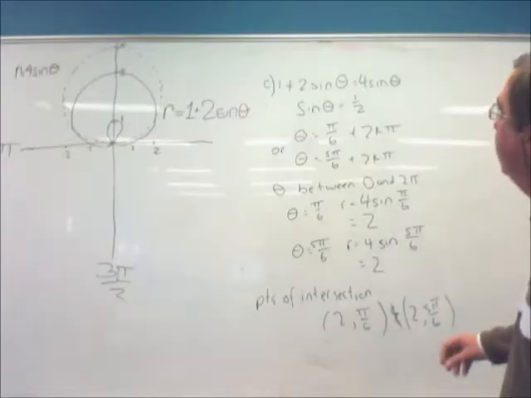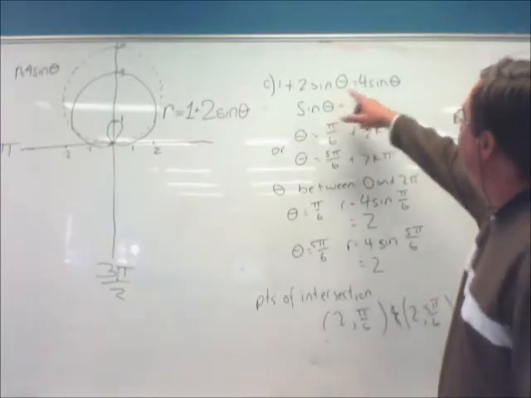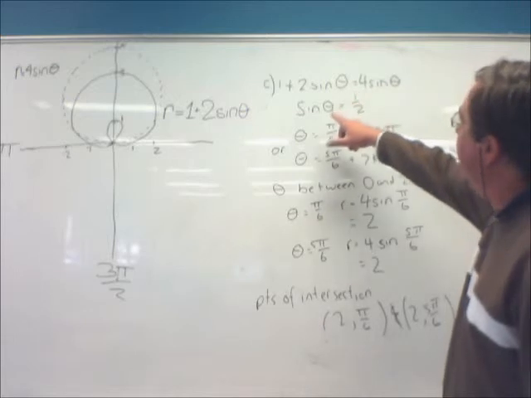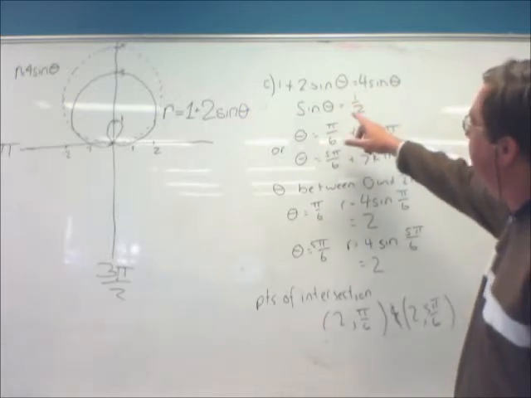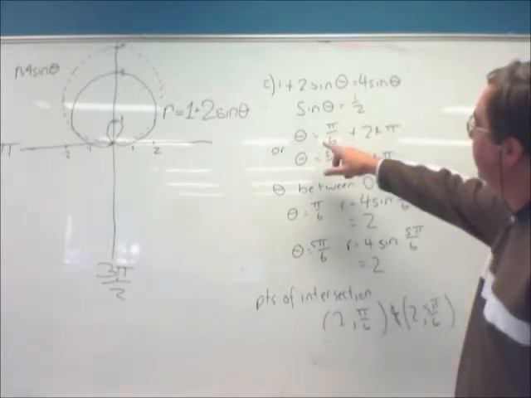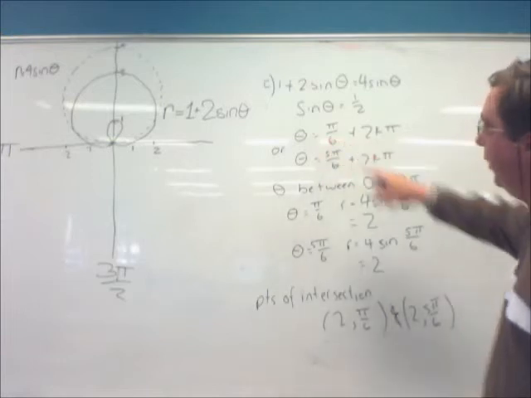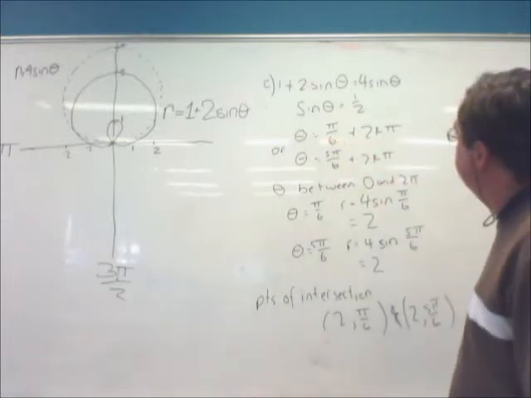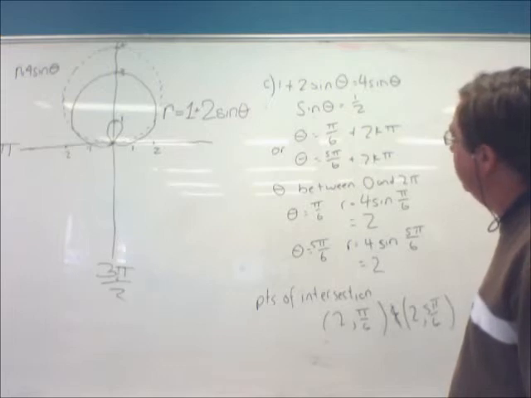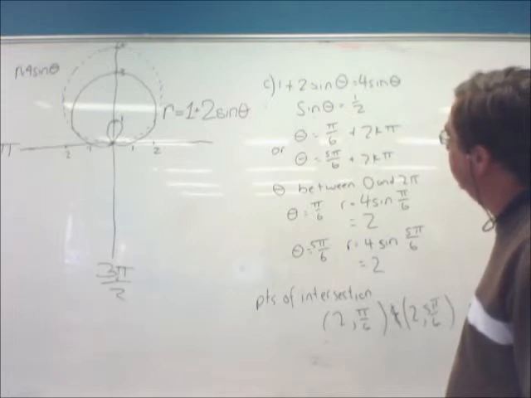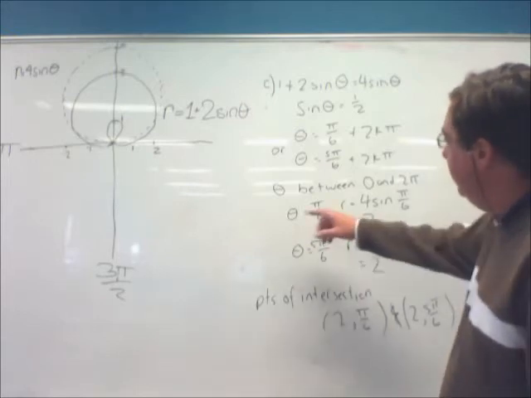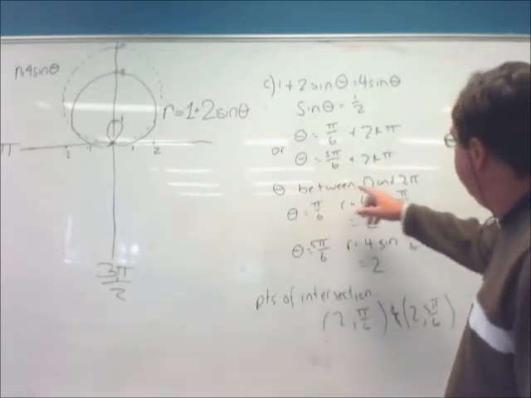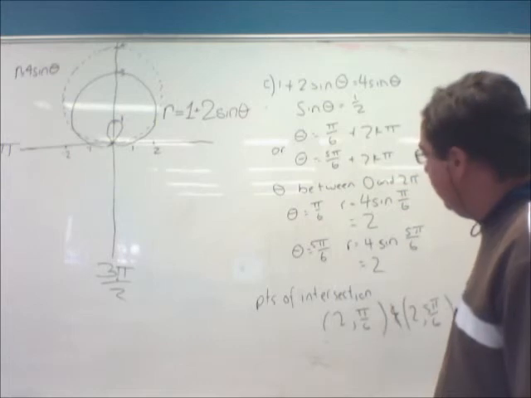Okay, to calculate the points of intersection, we take both of our equations and we end up with sine theta equals 1/2. That gives us theta equals pi on 6 plus 2k pi, or theta equals 5 pi on 6 plus 2k pi. Now theta is between 0 and 2 pi.